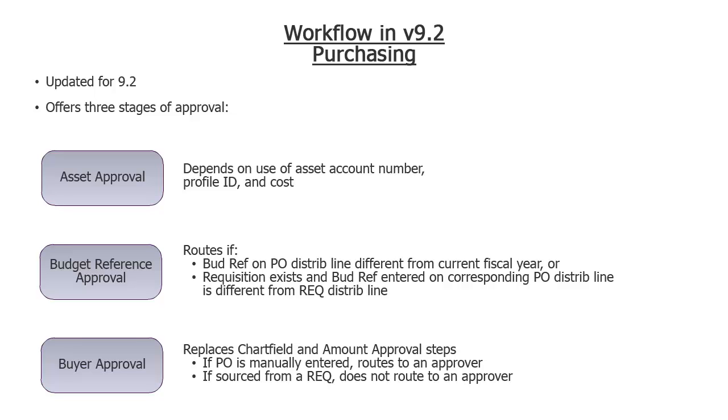And the third is buyer approval, which replaces chart field and amount approval steps. If a purchase order is manually entered, it will route to an approver. If a purchase order is sourced from an approved requisition, it will not route to an approver.